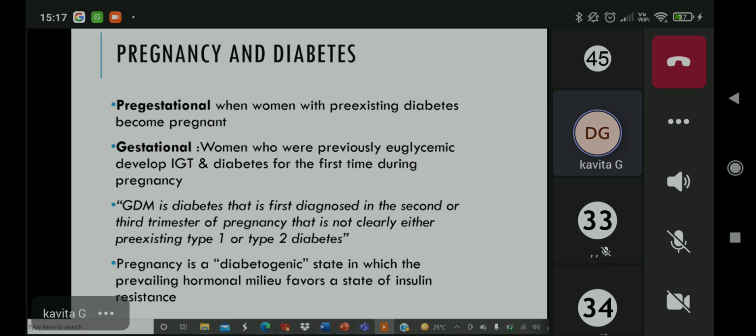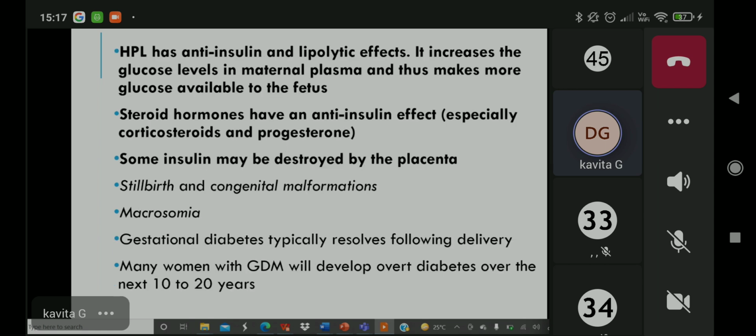Pregnancy actually is a diabetogenic state. That is, a state that naturally favors insulin resistance. So in your viva, you can be asked, how is pregnancy a diabetogenic state? Well, you have the human placental lactogen. It has an anti-insulin effect. It has a lipolytic effect, increasing the glucose levels and making more glucose available to the fetus.